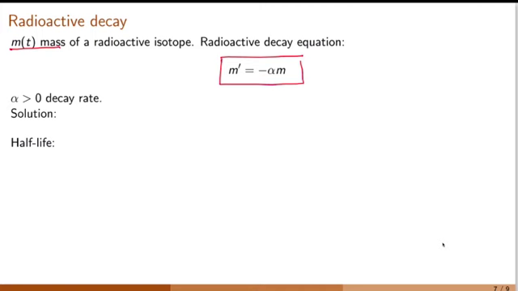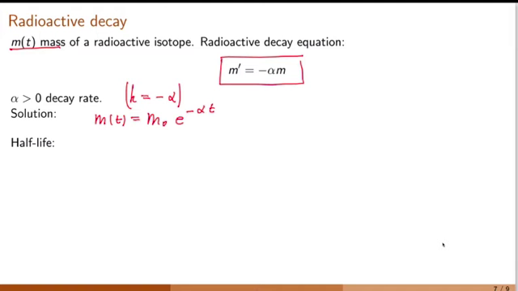And this has exactly the proportionality form which we talked about in this video if we set k equal to minus alpha. To indicate it is negative, I use a minus sign in front of the alpha. Which means we can use what we learned before, and we have a solution to this differential equation: m of t is m0, the initial condition, e to the minus alpha t.